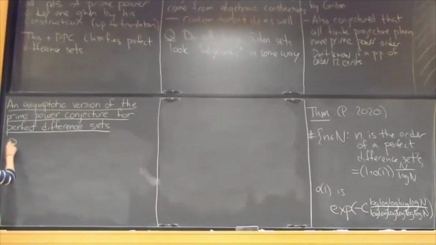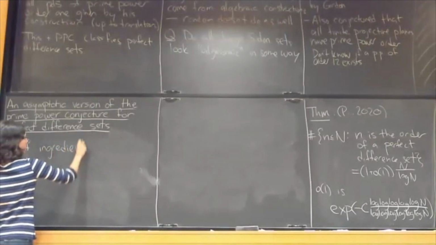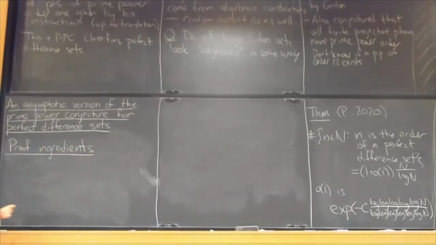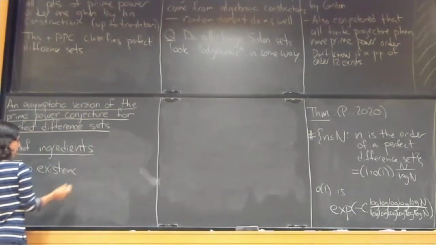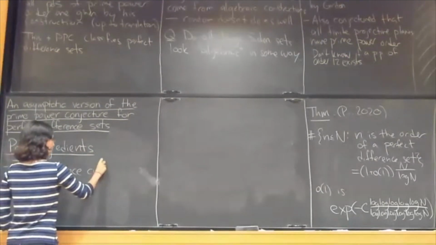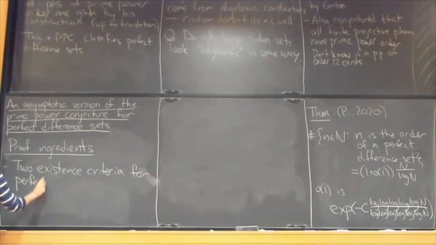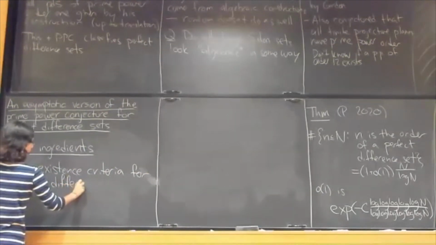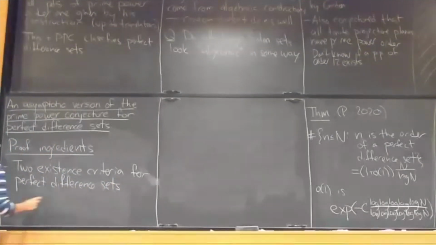So what goes into the proof? The starting point is two existence criteria for perfect difference sets that say that certain relations between the prime factors of n and the prime factors of n squared plus n plus 1 must hold.